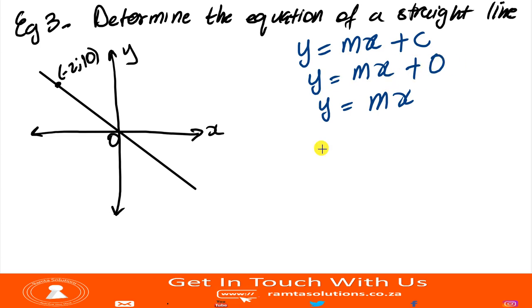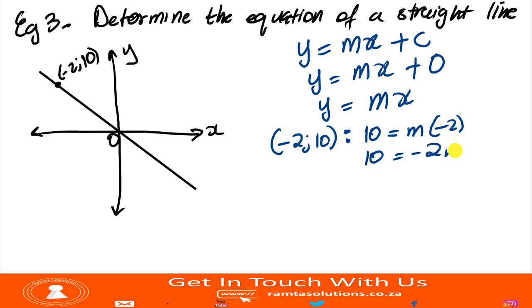Now what I'm going to do, I'm going to use the point given, not the y-intercept. Use another point. So I'm going to use the point given, which is minus 2 and 10. Where there's x, I put minus 2. Where there's y, I put 10. So what is this? 10 equals m, open bracket, minus 2. What is this? 10 equals minus 2m.